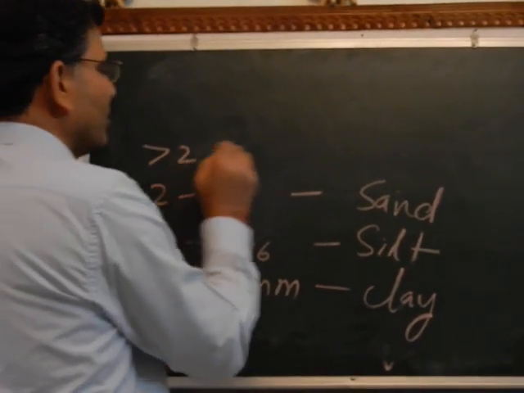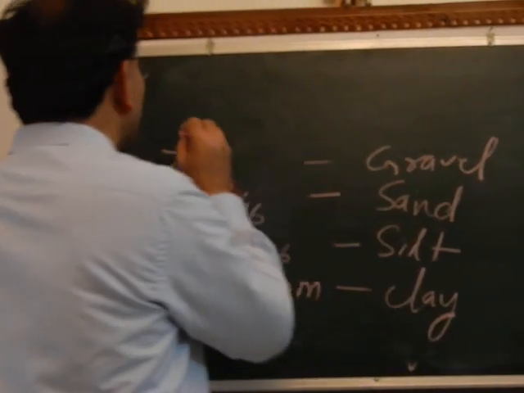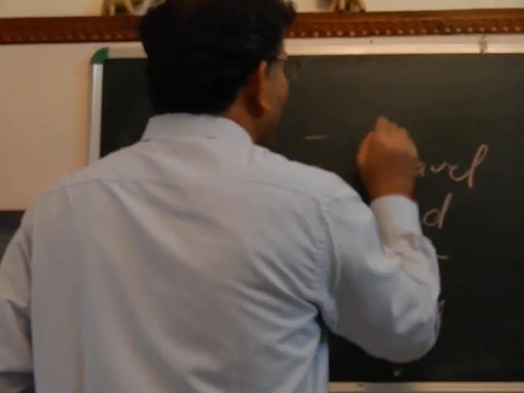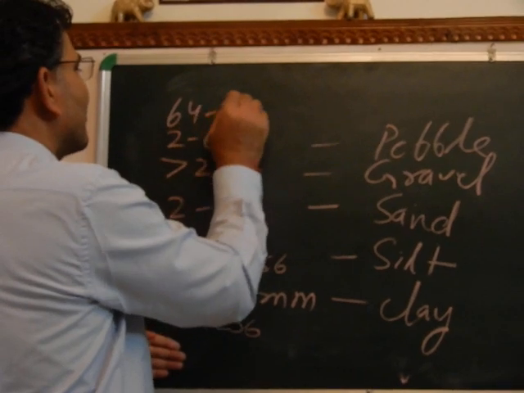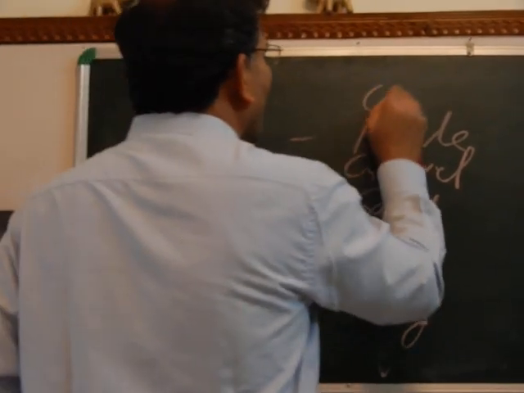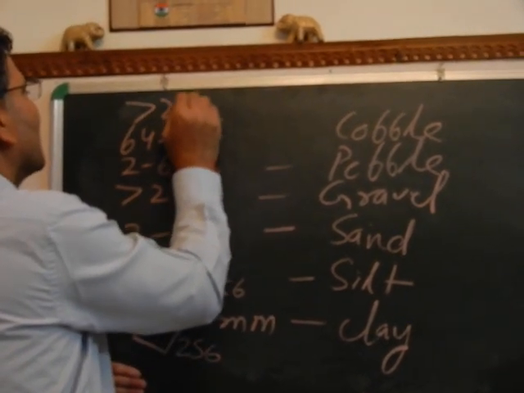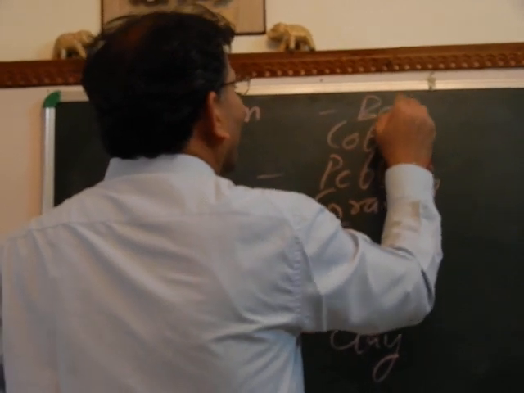Greater than 2 is gravel. Then 2 to 64 is pebble, 64 to 256 is cobble, and greater than 256 millimeter in diameter is known as boulder.